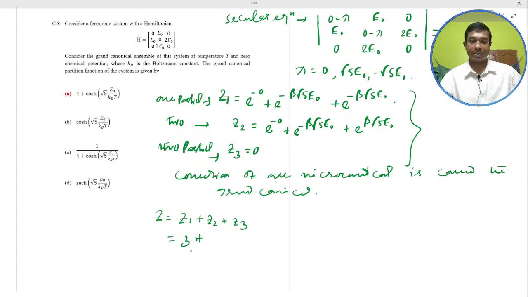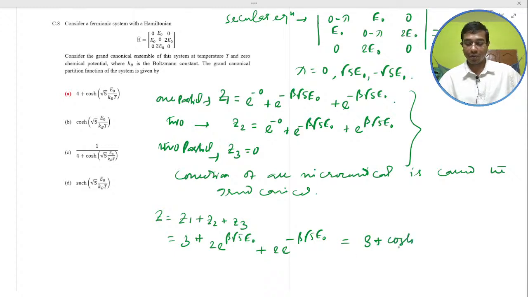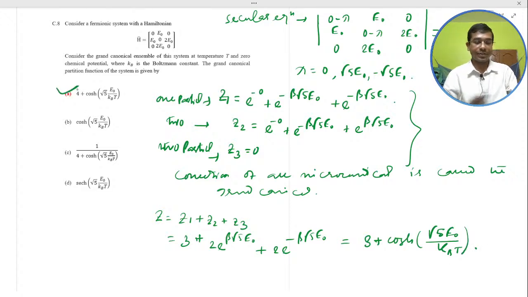This is nothing but 3 plus 2 e to the power beta root 5 E naught plus 2 e to the power minus beta root 5 E naught. You will get after calculation 3 plus hyperbolic cos root 5 E naught by kT, kT being the thermal energy. Option A would be the correct.